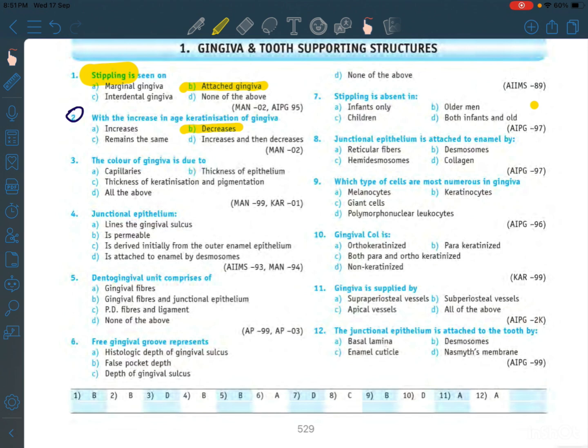Blood supply to the gingiva diminishes with age, which lowers metabolic activity and keratin production. So in a nutshell, keratinization of gingiva decreases with age due to reduced epithelial turnover, flattening of rete pegs, decreased vascularity, and reduced functional stimulation.